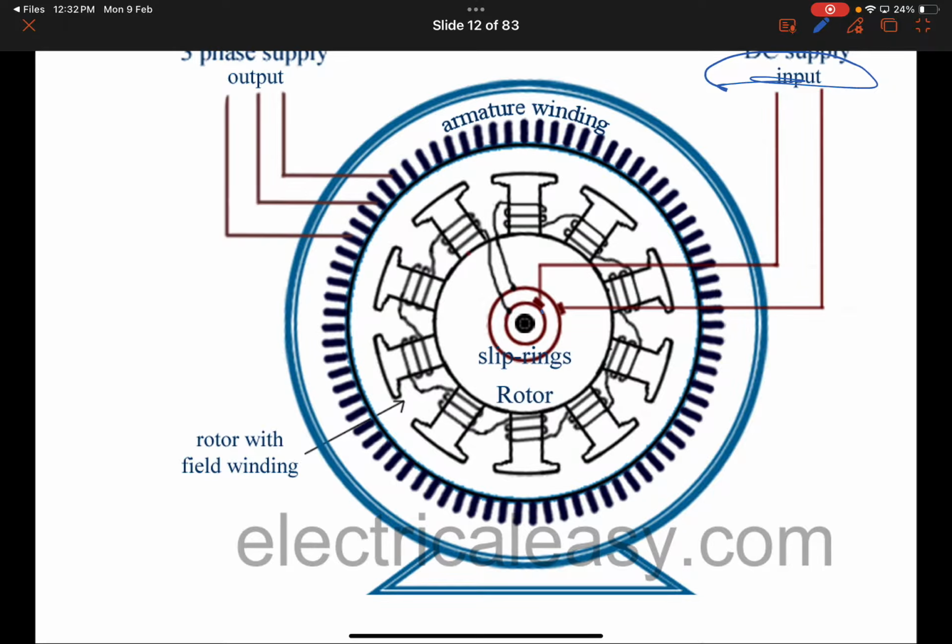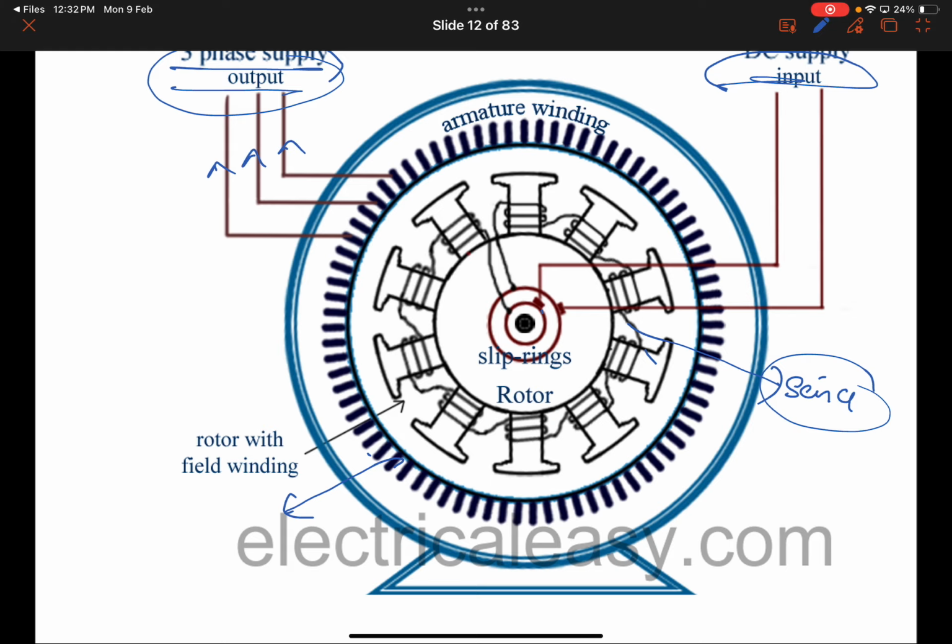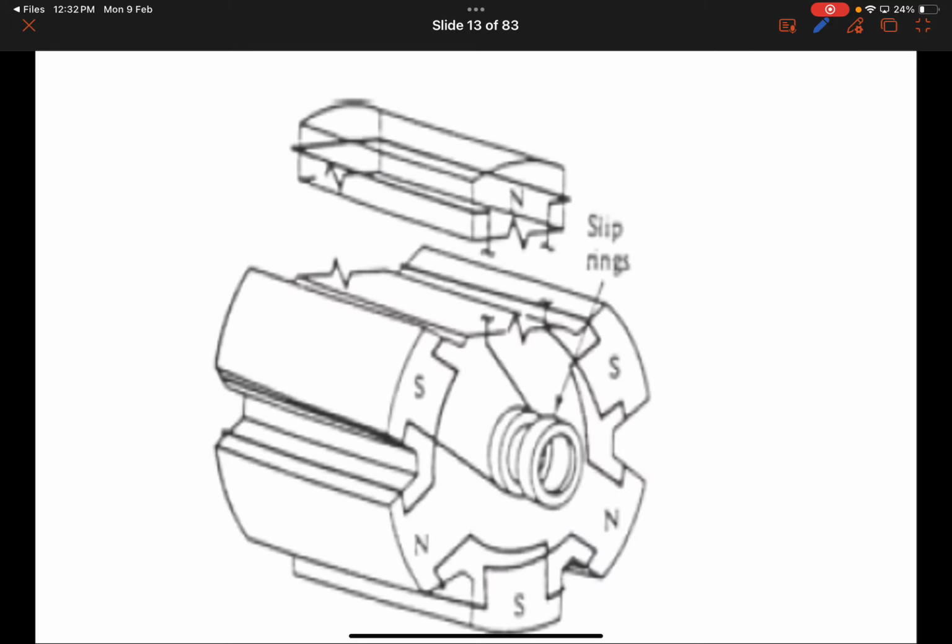All the rotor windings are connected in series. The stator has slots where we place the winding, and three-phase supply is given to the stator: input for the motor, output for the generator.